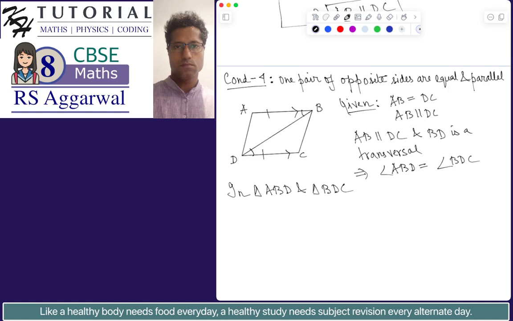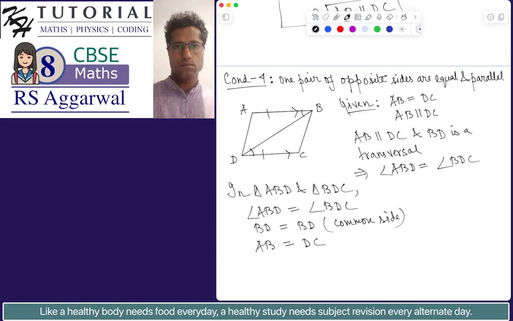So we know that in these two triangles, we already have angle ABD equal to angle BDC. BD is equal to BD, the common side. Also, we have another side that is given to be equal, that is AB is equal to DC.